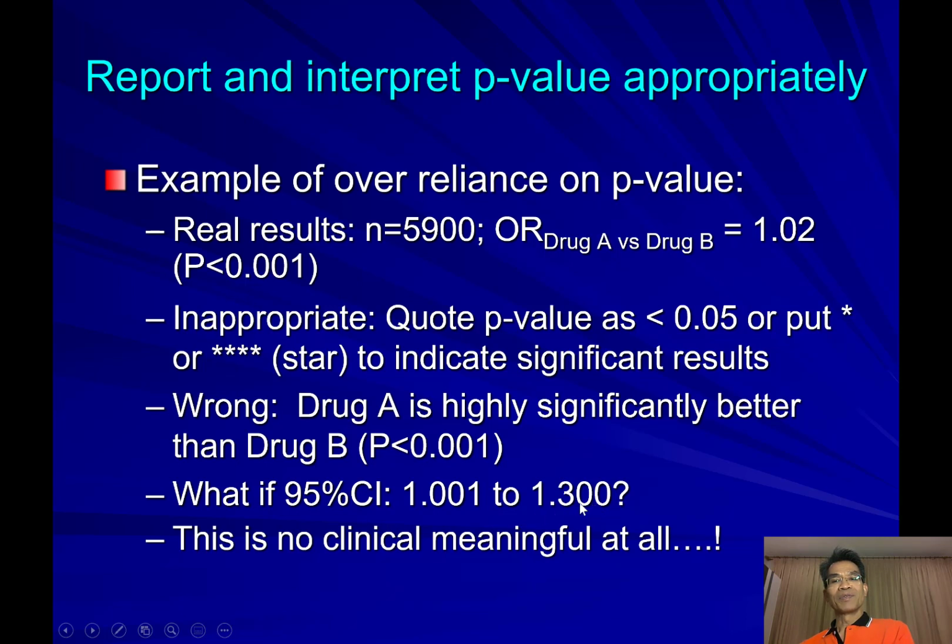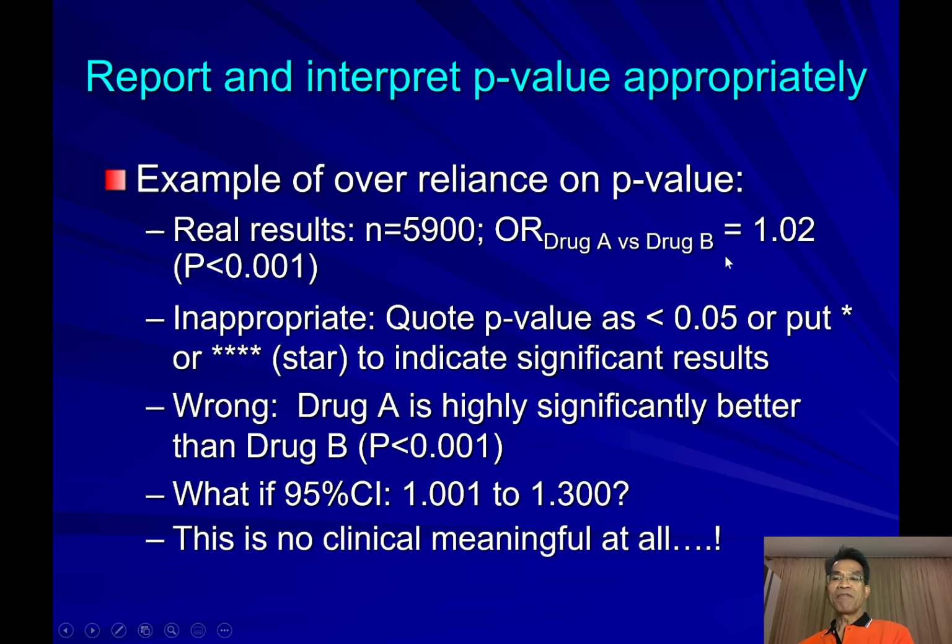So if 30% is not meaningful, given that drug A, for example, is very expensive and hard to store, even the upper limit tells us there is no benefit at all.